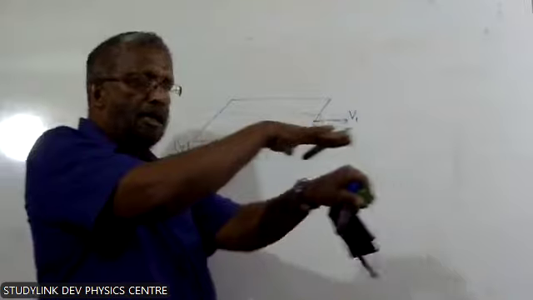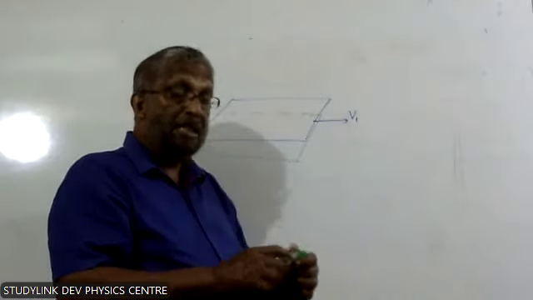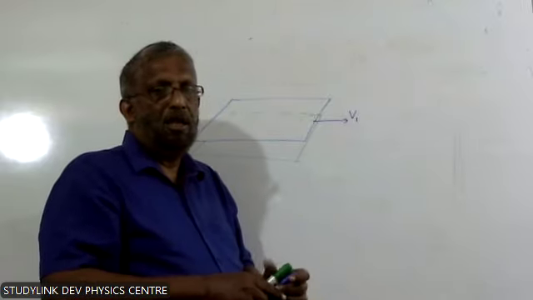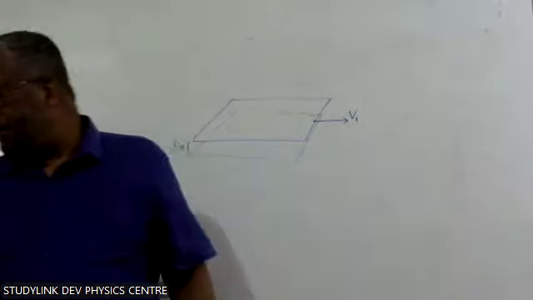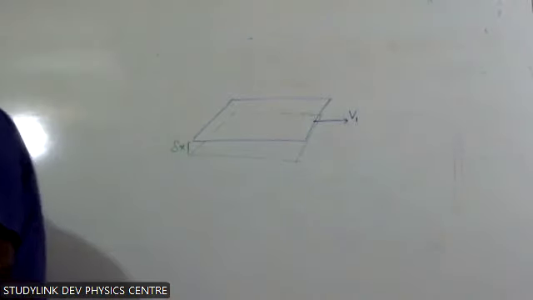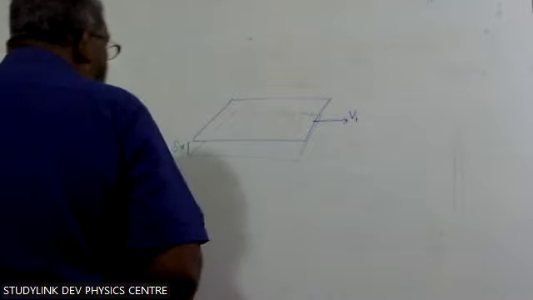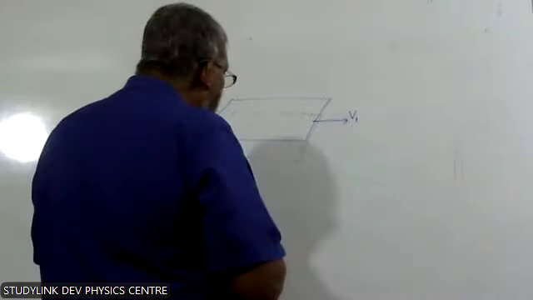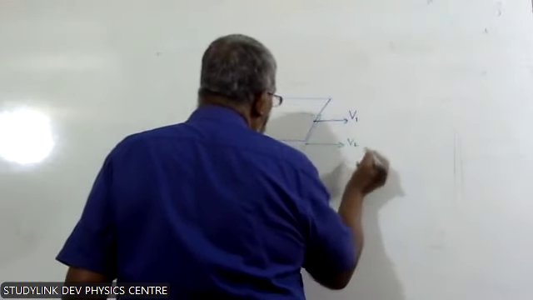Delta means very small values. Actually, in between two laminae there is a very, very small distance. Now, one is moving with V1, the other one is moving with V2.